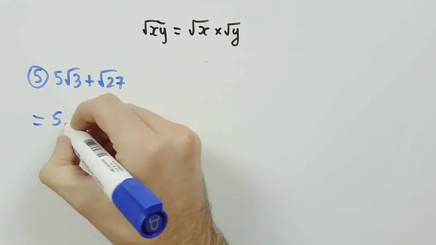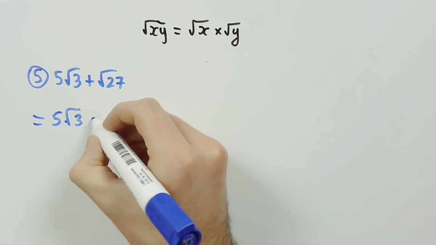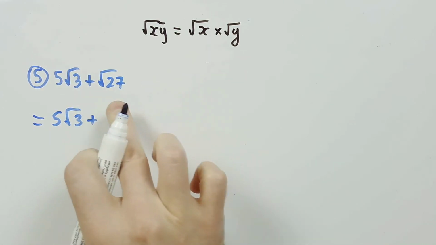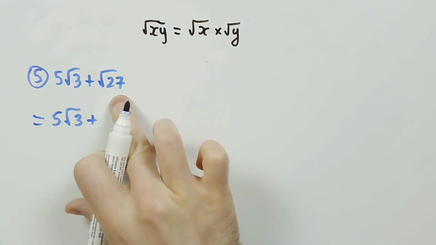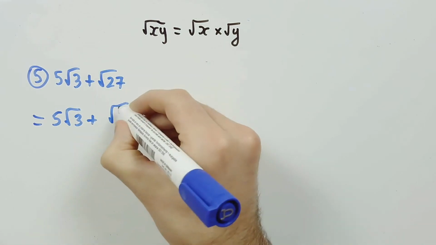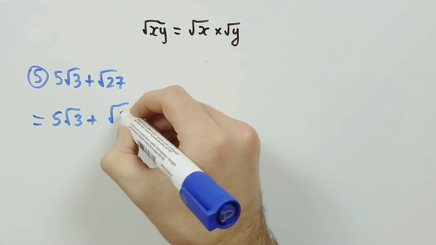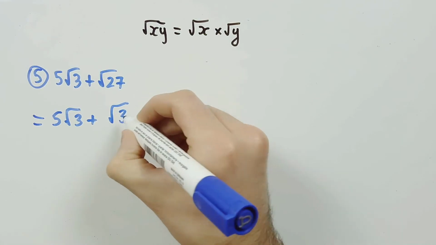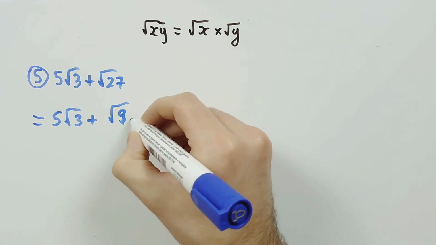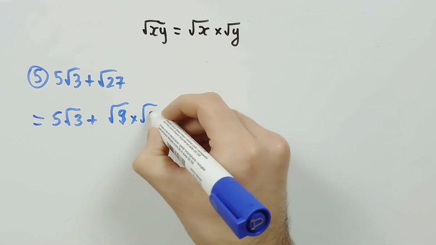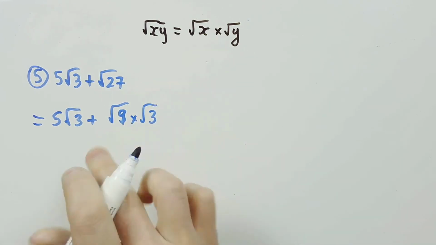And if you think about it for a second, it's actually fairly straightforward. Why? Because 3 squared is 9, and 9 is a factor of 27. It goes into 27 3 times. So root 27 can be broken down into root 9 times root 3.